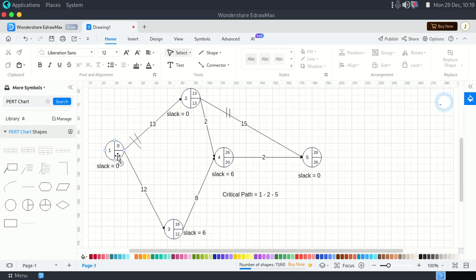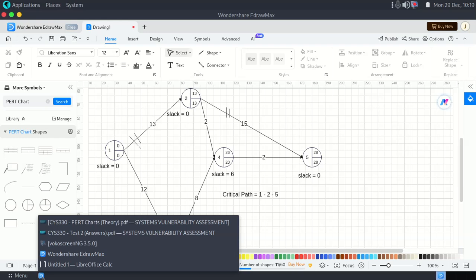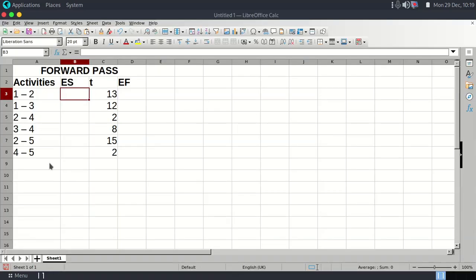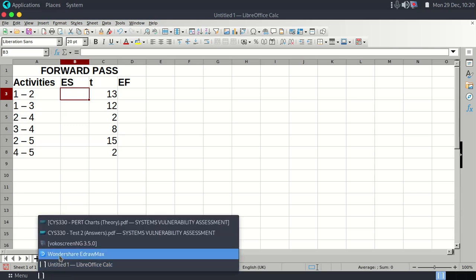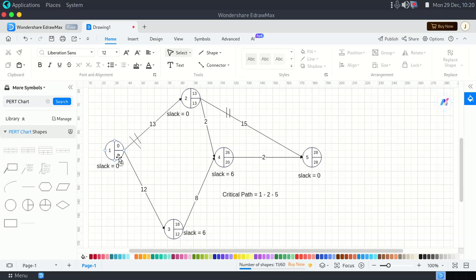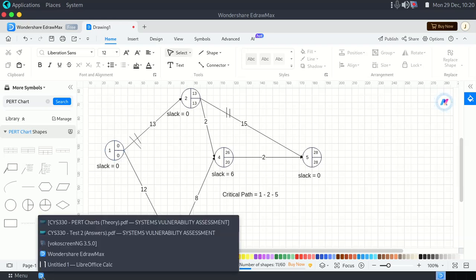So our lower section was used in a forward pass. So where there is 1, we just say what's on the bottom. On the bottom we have 0. That's our earliest start time.